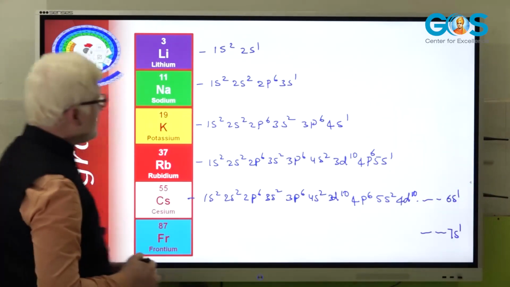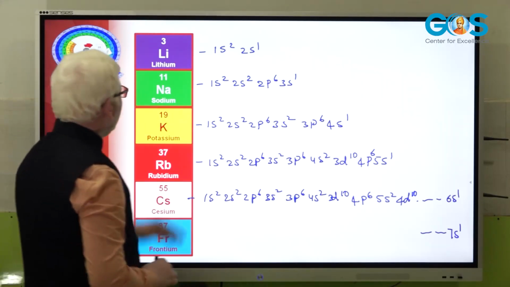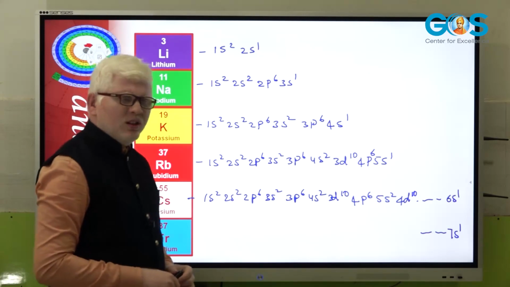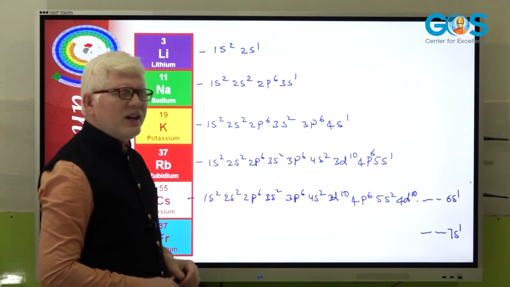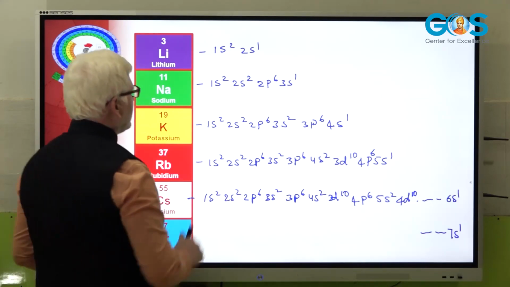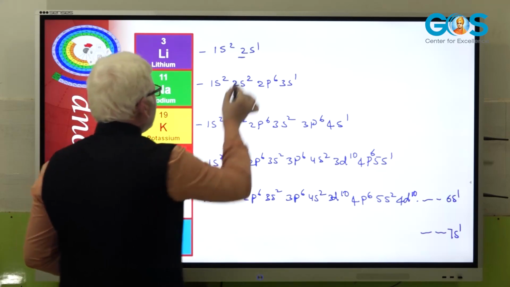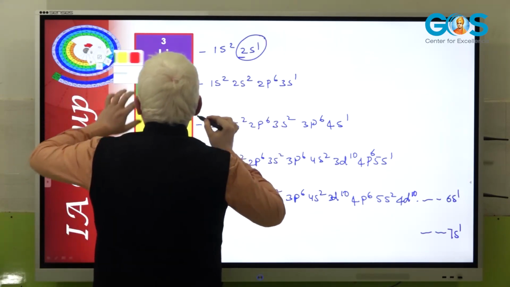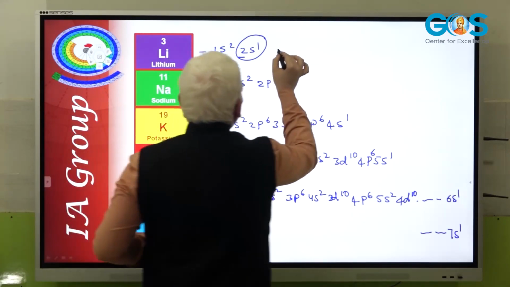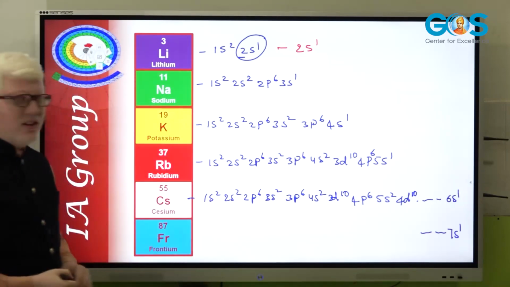Now, what is the valency electronic configuration? If you take lithium, there are 3 electrons. In which orbit is the third electron entering? Yes, the second orbit. So 2s1 is the valency electronic configuration of lithium.